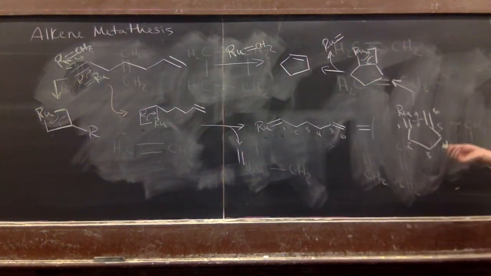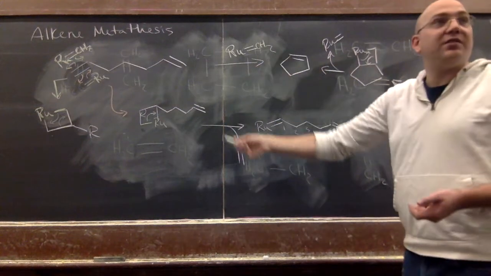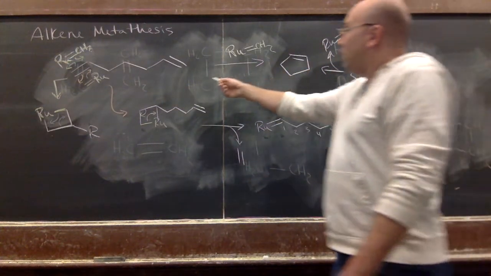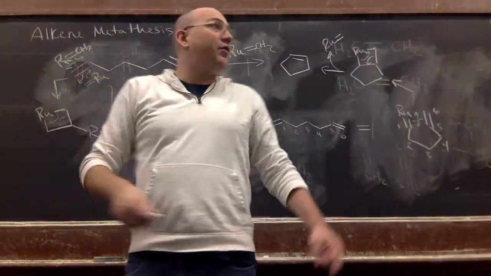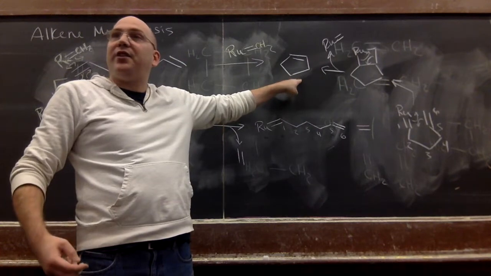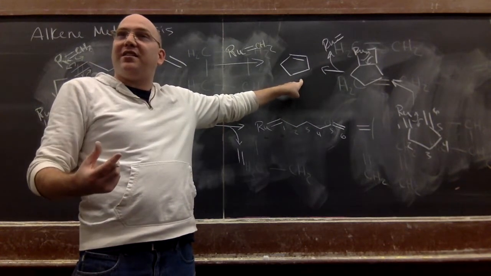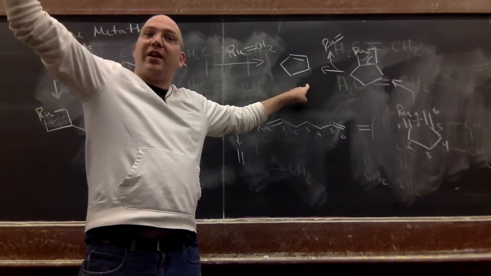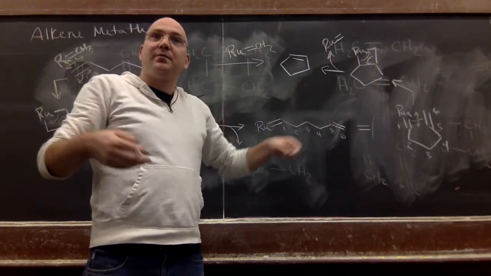So every time that ruthenium enters the system, we're extruding the ethylene gas. Overall, every time it does this reaction, it's generating ethylene gas, and you push it in this direction because that gas is going away. Okay, does that make sense?